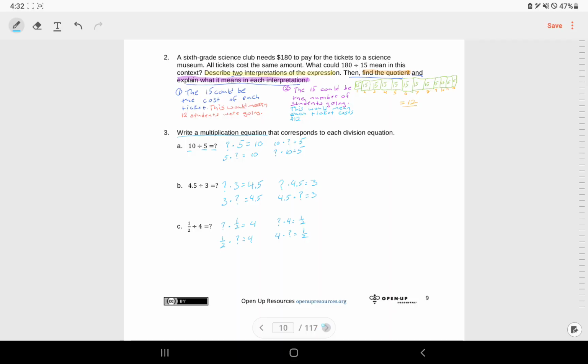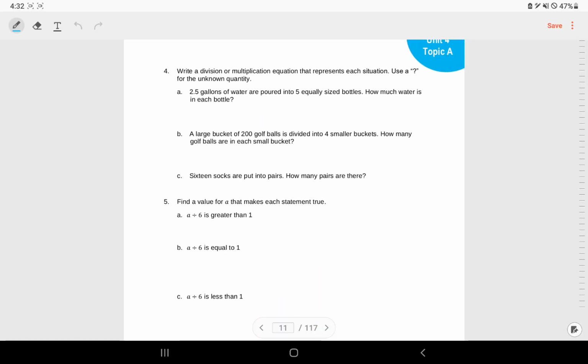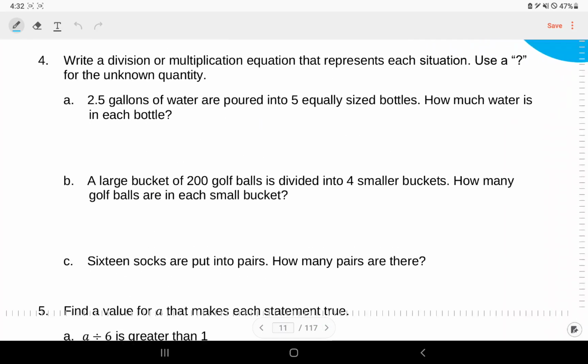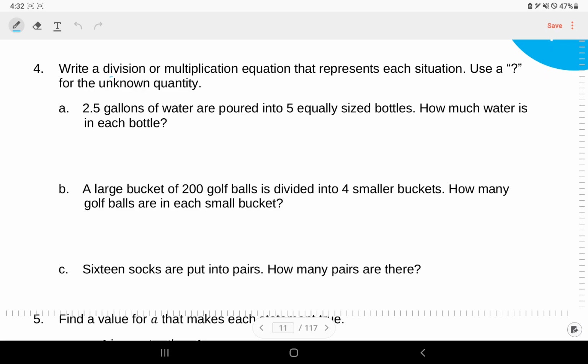Okay, and let's take a look at the next page. Okay, and again, write a division or multiplication equation that represents each situation. Use a question mark for the unknown. So we've got 2.5 gallons of water poured into 5 equally sized bottles. So it's not 2.5 gallons into each of the 5.